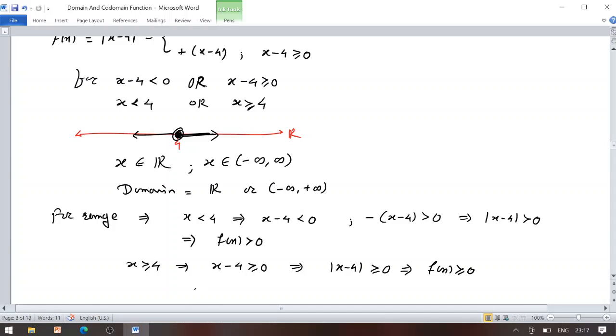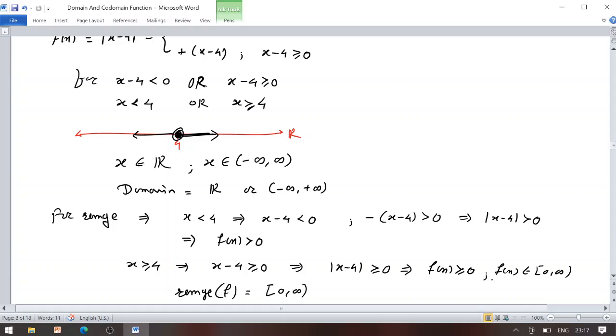So that implies ultimately the range of the given function f is the semi-closed interval 0 comma positive infinity. You have f of x belongs to the semi-closed interval 0 comma infinity.